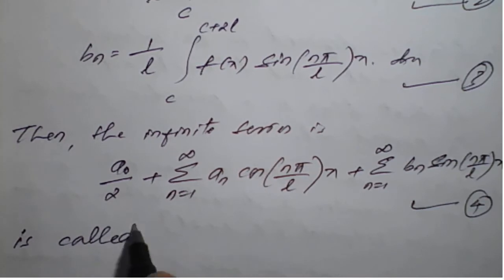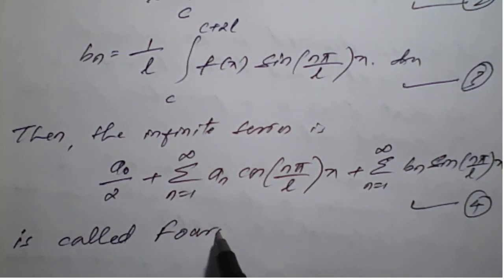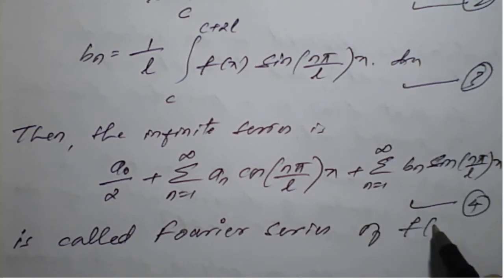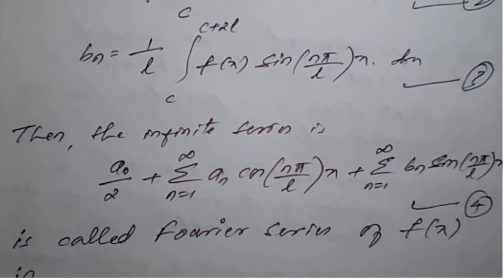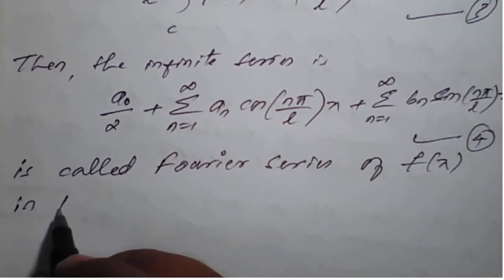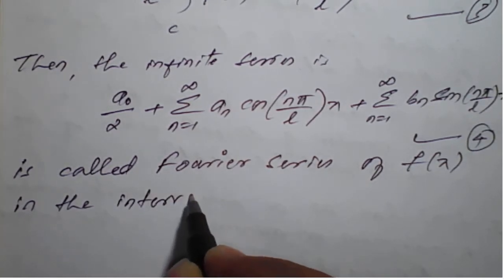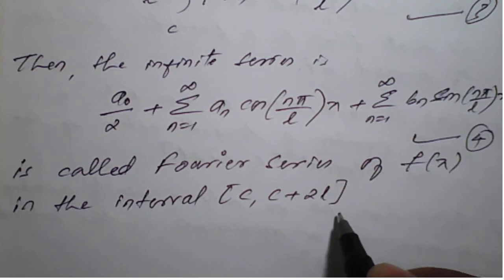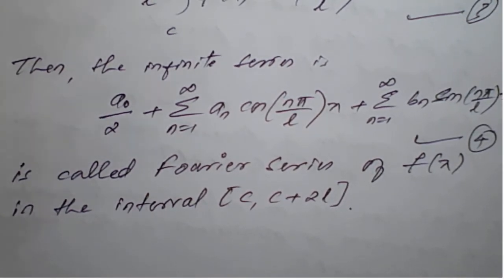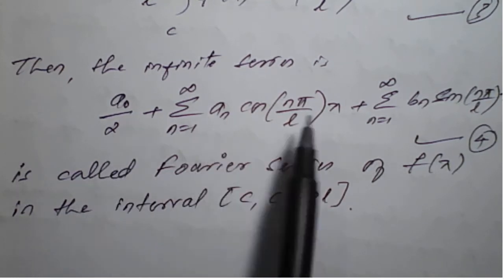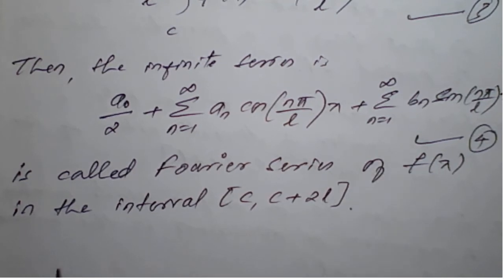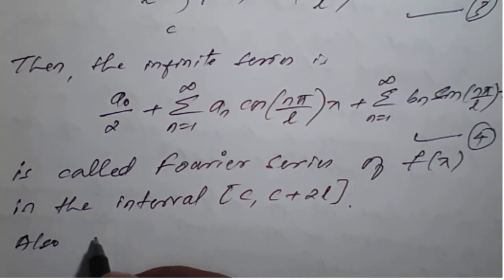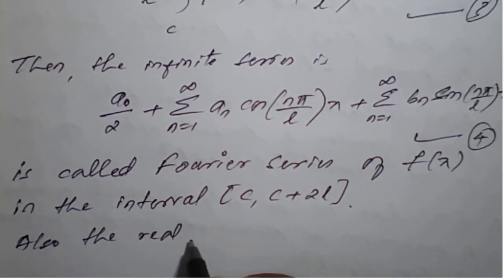of the function f of x in the interval c to c plus 2l, and here this a naught, a n, b n are all real numbers.